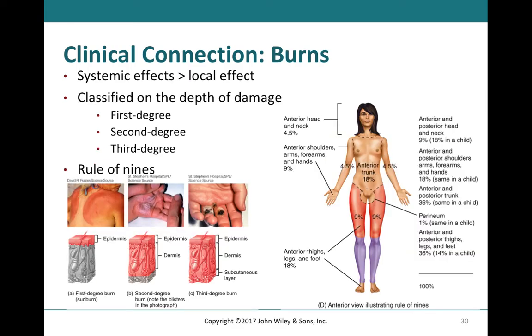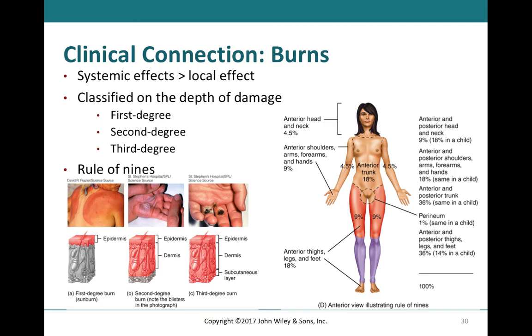And now burns. So anytime your tissues experience damage from excessive heat, electricity, radioactivity, or corrosive chemical, and the proteins become denatured or destroyed, then those exposed cells, then we have a burn.